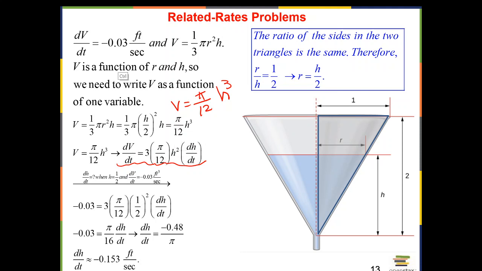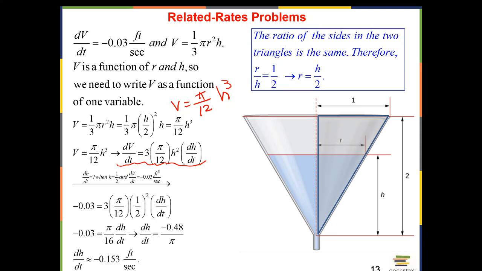What are we given? We are given this rate, right? This is -0.03. We are given h, which is 0.5, and we want to find dh/dt. That's easy. Just substitute the numbers here. Isolate dh/dt. We get -0.153.